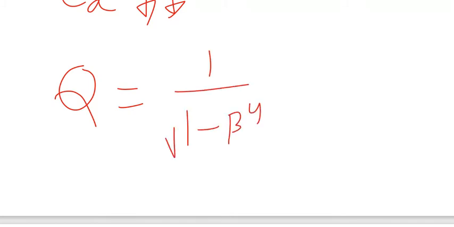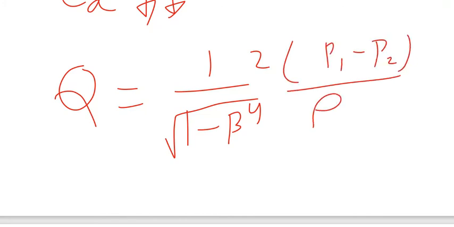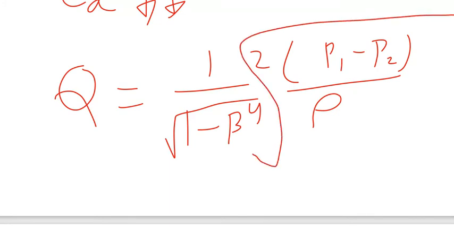If you use Bernoulli, assuming frictionless flow, you get this one: 2(P1 minus P2) divided by rho, and this is all square root. This P1 minus P2 is assuming there is no friction. In real life you cannot measure the pressure drop without friction.